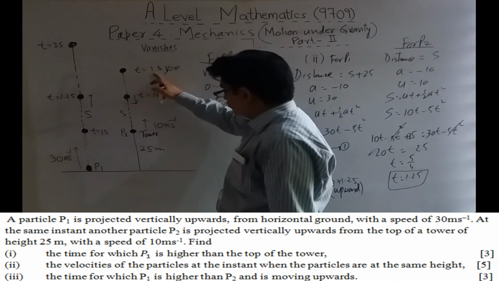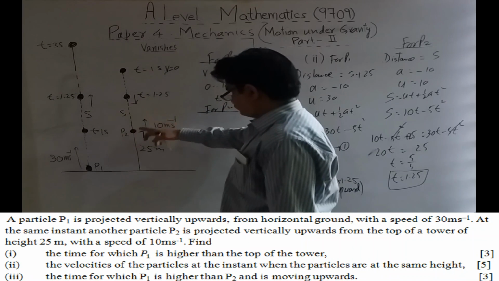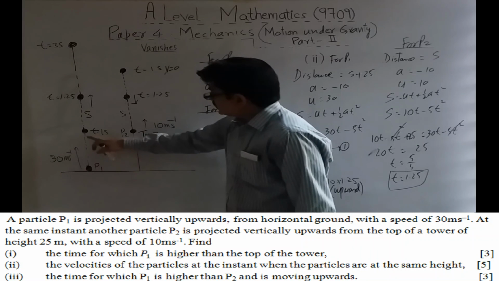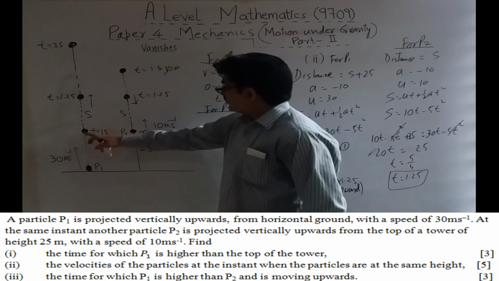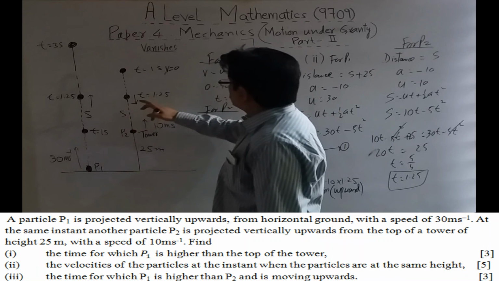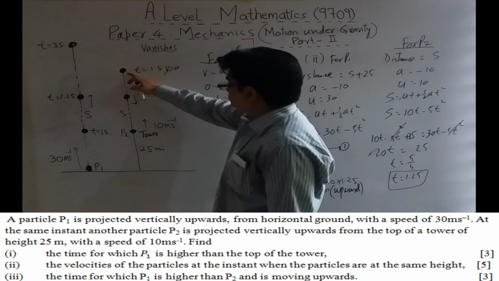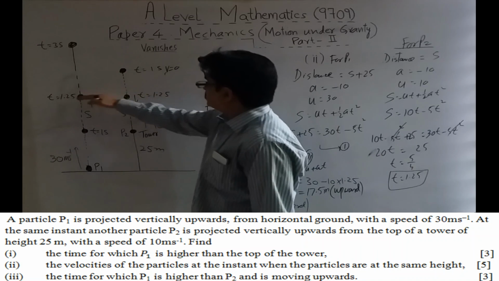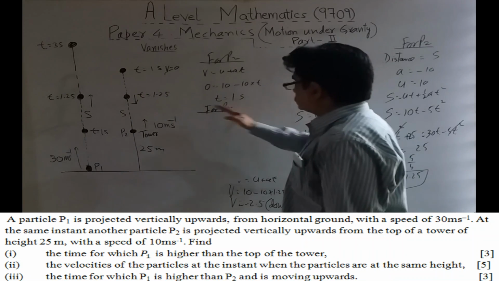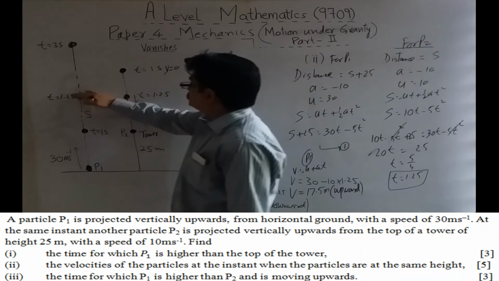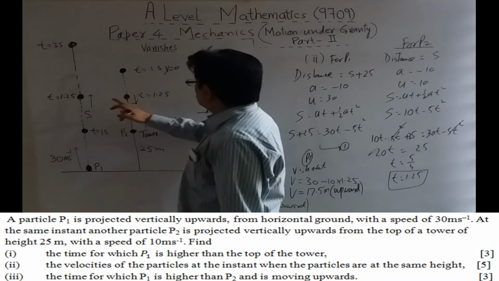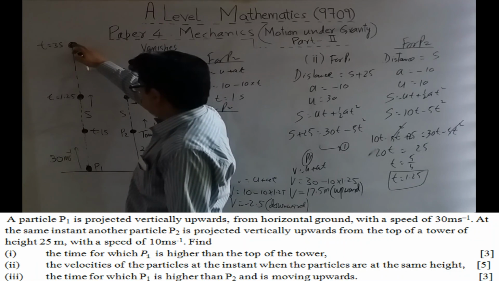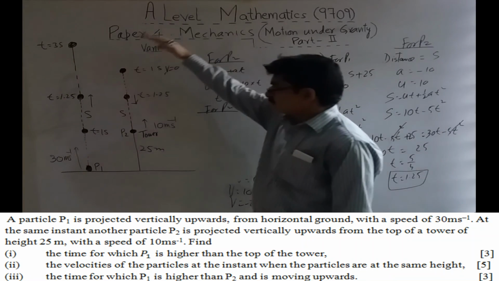But when time is 1 second, we have found in part 1 that P1 is here. So when time is 1 second P1 is here and P2 is here. When time is 1.25 second, they are at the same level. And we have found in the second part that at this time P2 is moving down and P1 is moving up. So it means that after 1.25 seconds up to 3 seconds, we have calculated P1 to reach the highest point.